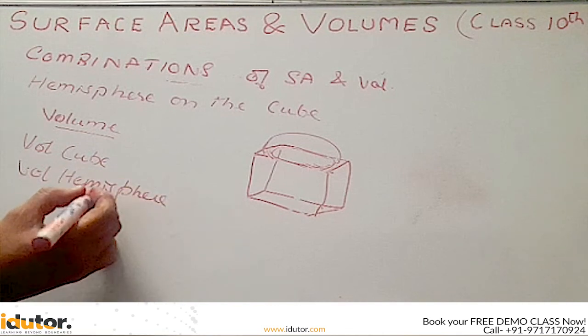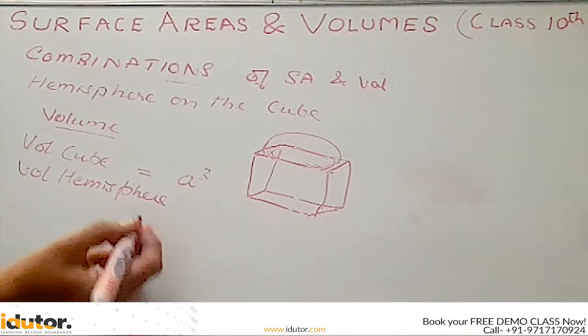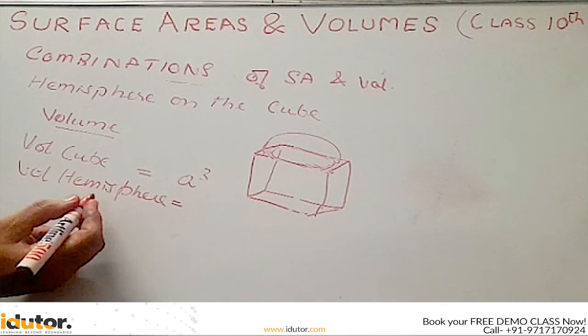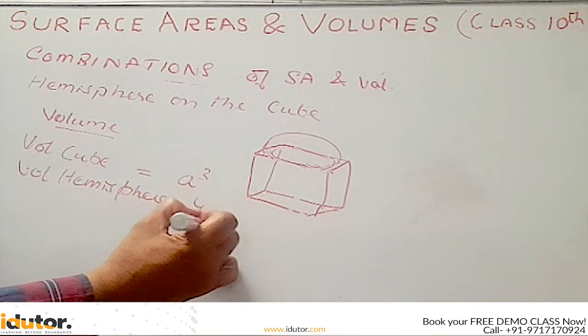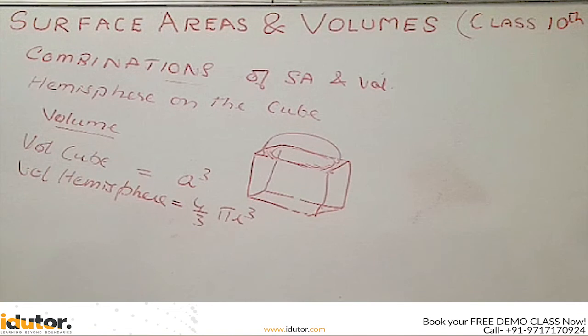Volume of cube, you know that it is a cube or l cube, and the volume of hemisphere is 2 by 3 pi r cube. So like this, we can find out the total volume of this particular part.